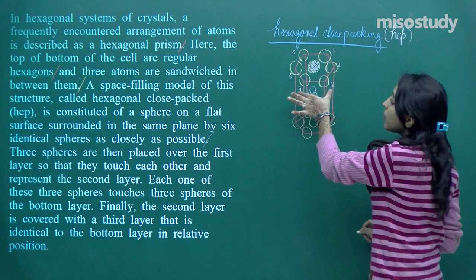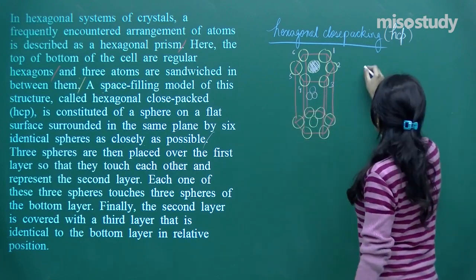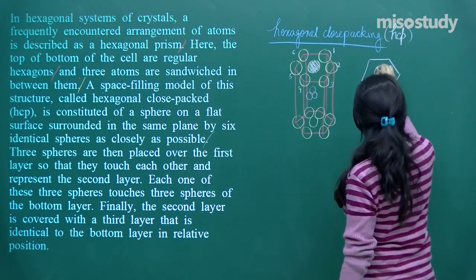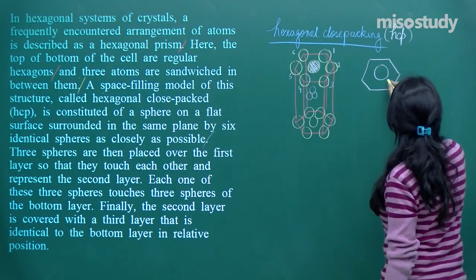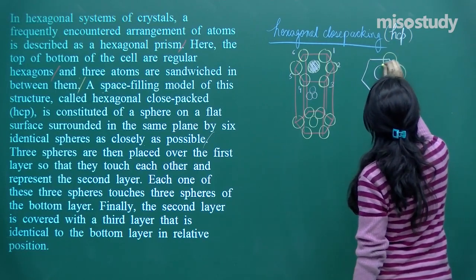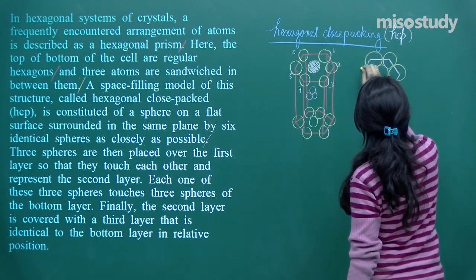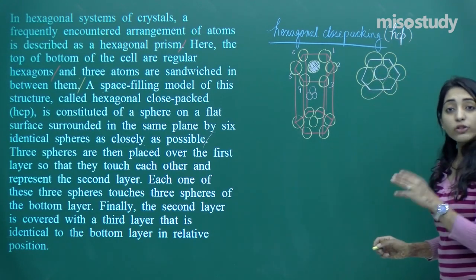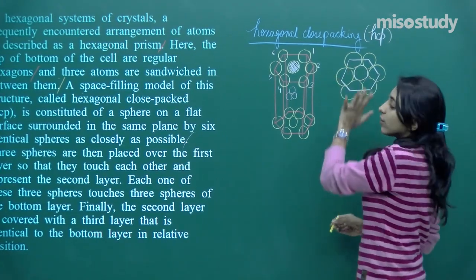And guys, in my picture I have not shown it in the perfect way, but you must be clear in your mind that all the 6 spheres will be touching the central sphere, and all the 6 spheres also touch each other. So they are touching each other as well as the central sphere.